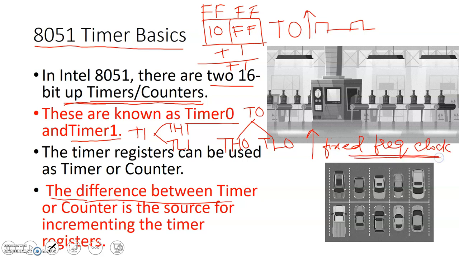It requires a fixed frequency clock pulse, and the increment happens after a fixed interval of time. So that is a timer. While in a counter, the frequency is not fixed, but the time for which the counter should operate is fixed.